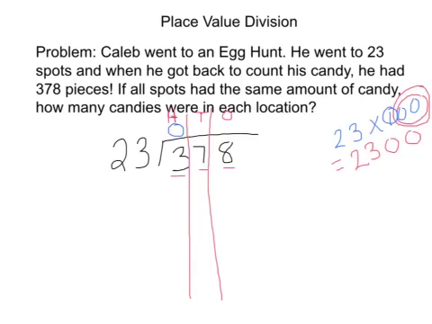In the tens column, I need to ask myself, how many groups of 10 can I multiply by 23 to get close to 378? I always say to take a look at the first two numbers. The first two numbers will give you a good indication of where you need to be.